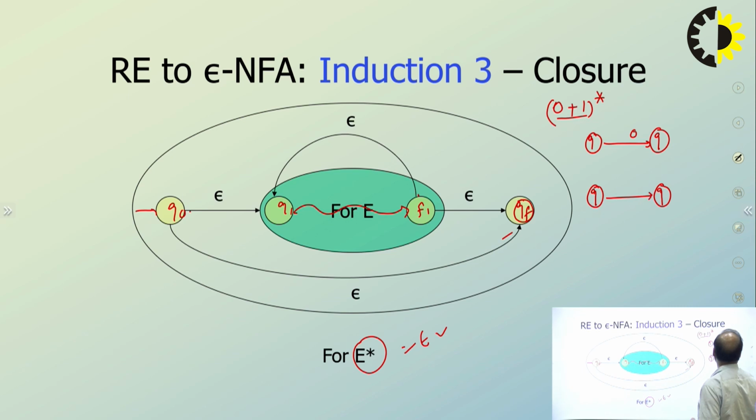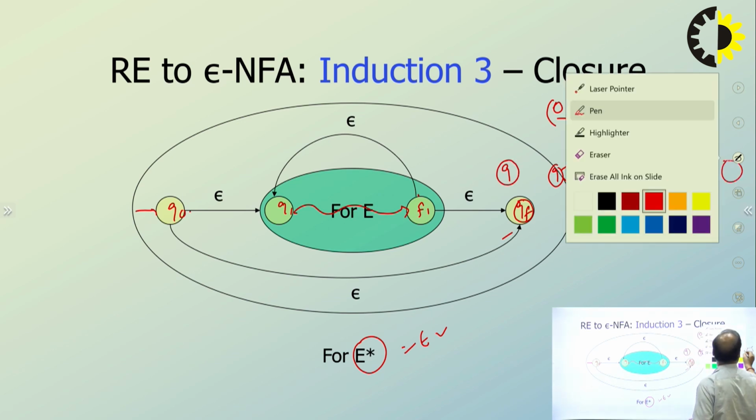Now with epsilon moves, this is accepting 0 plus 1. If you want to make a repetition, add two states, one here and another here.